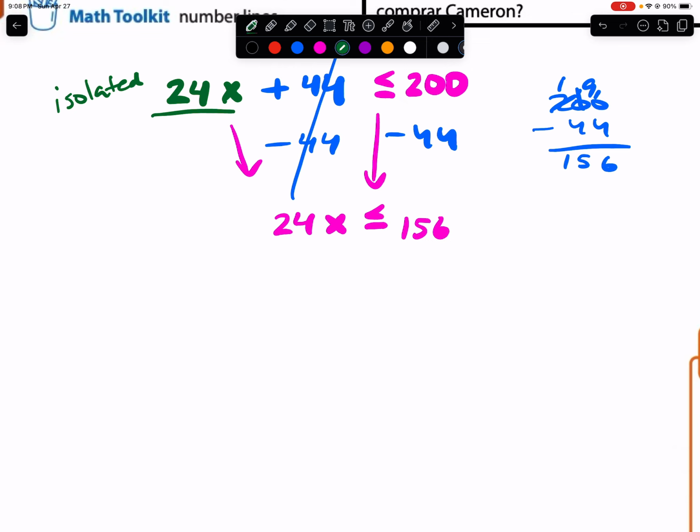Now we need to solve. This is multiplication, so we need to do the inverse. We're going to divide by 24 on both sides.